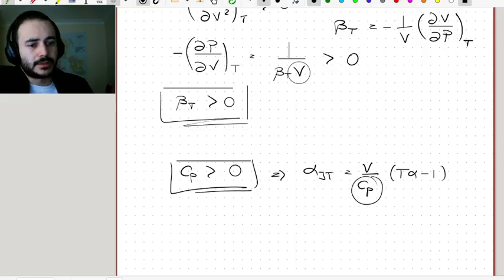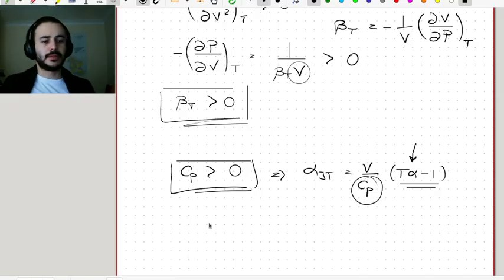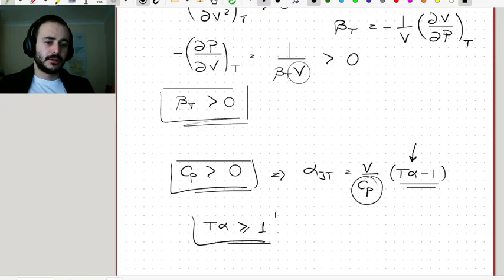This prefactor is boring and always positive, which means that the sign is decided by this parenthesis here. So T alpha has to be larger or equal than 1 for the Joule-Thomson coefficient to not be negative.